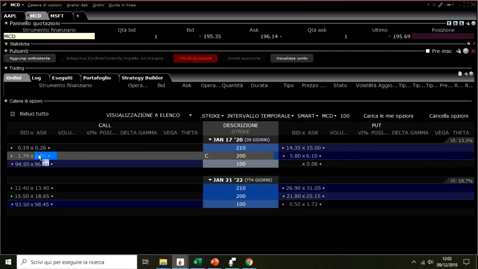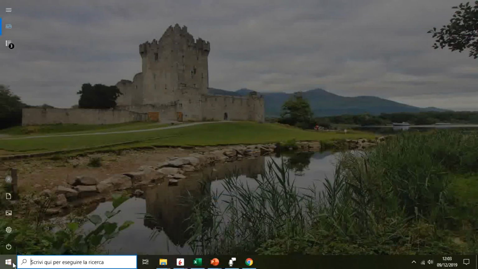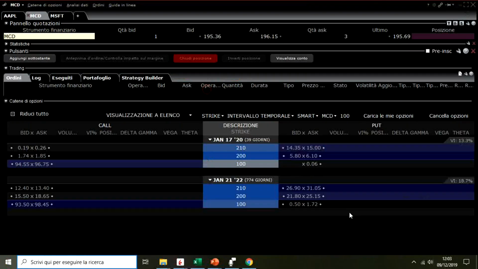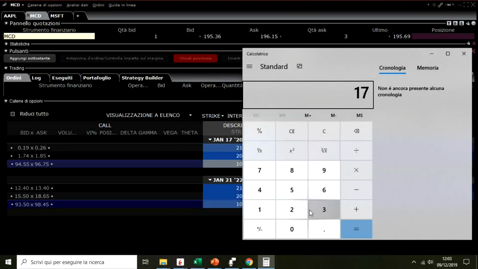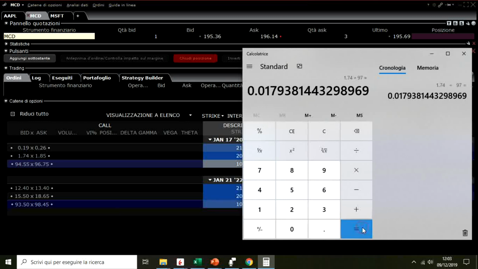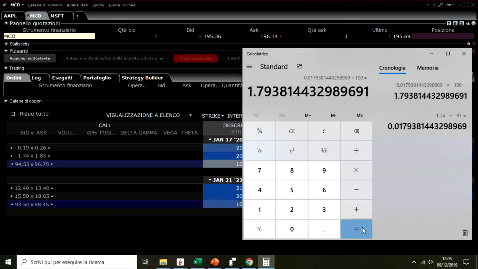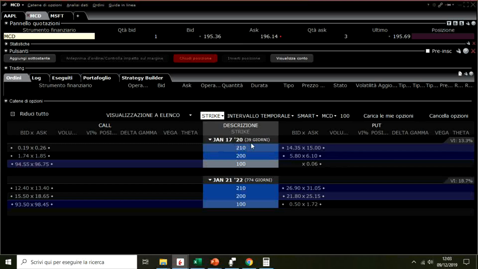And in this case, let's say you collect 1.74 out of 97, the money in the plate, and it would make a 1.79% dividend on a monthly basis, more or less. It's not exactly a month, January the 17th, it's 39 days.